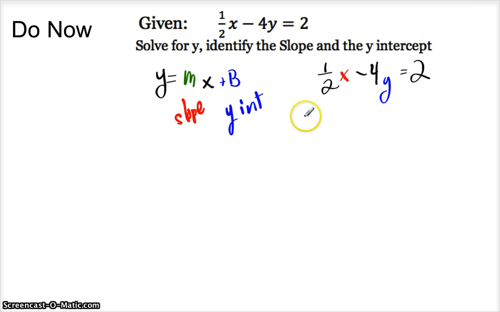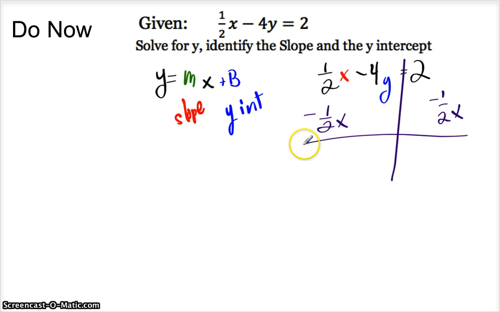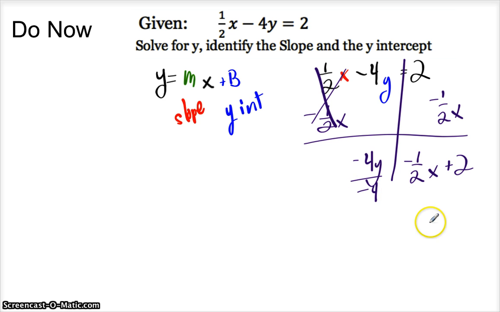Get rid of this 1/2 x, so minus 1/2 x, and again keep my equation equal. Like this equation, the x comes first, so I'll rewrite that using our commutative property. The minus 1/2 x first, and then the positive 2. The negative 4y comes down. Divide by negative 4 here. They go away. Now my goal is reached. Y is all by itself.